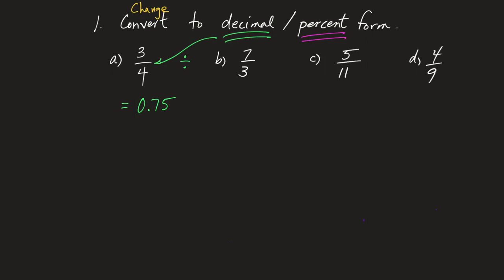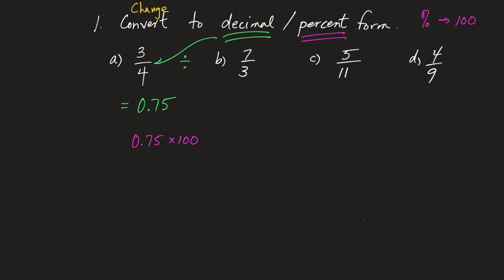And maybe we remember that all percentages are out of 100. So for me to change a decimal into a percent form, I have one of 2 ways. A default for a lot of us in the past would have been to take that 0.75 and multiply it by 100.